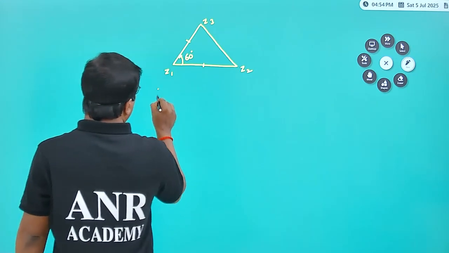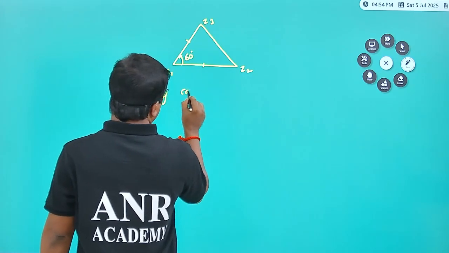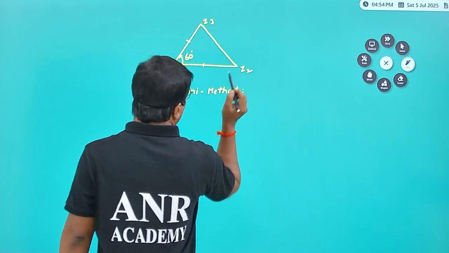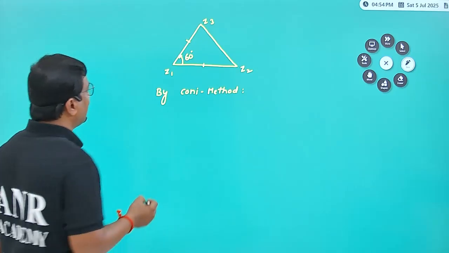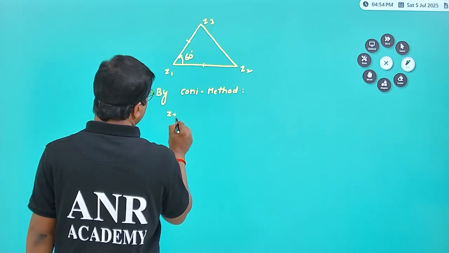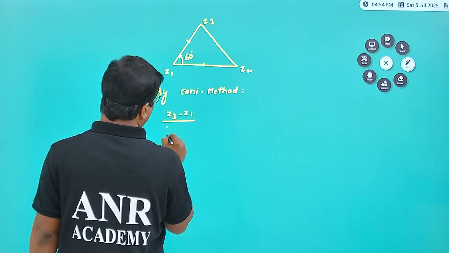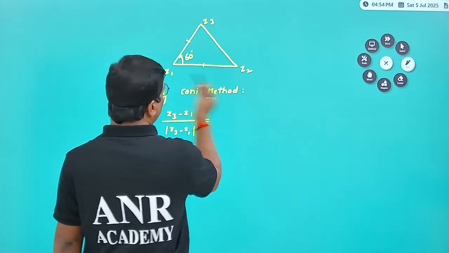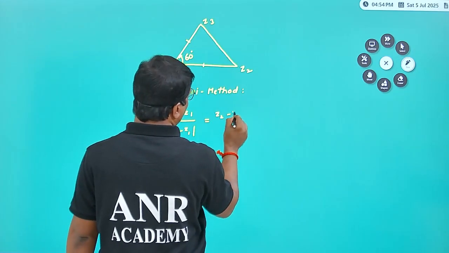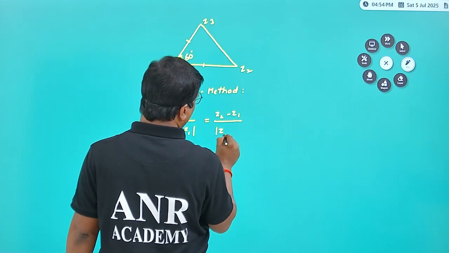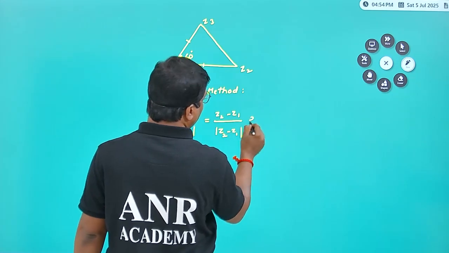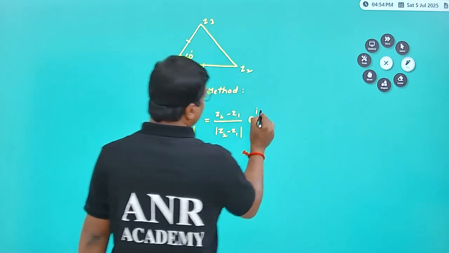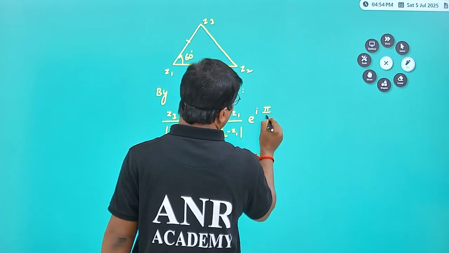Therefore, by rotation theorem or by CONI's method, final unit vector, that is Z3 minus Z1 divided by mod Z3 minus Z1, is equal to initial unit vector Z2 minus Z1 divided by modulus Z2 minus Z1 times e power I theta, theta value here 60 degrees, angle of rotation 60 degrees, so we write e power I pi by 3.